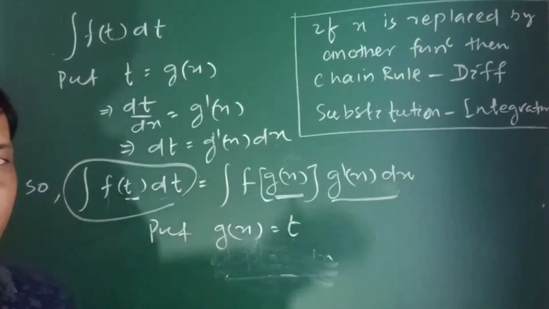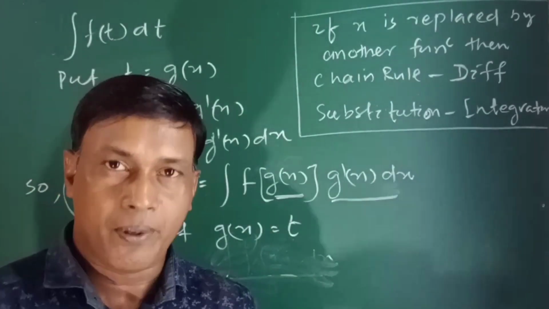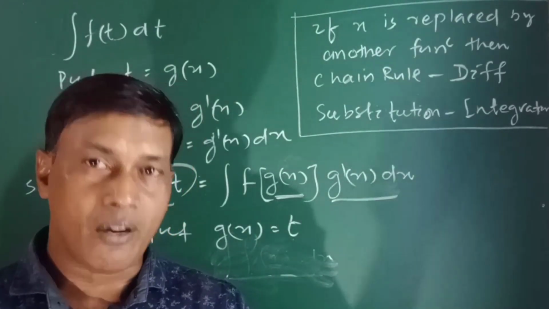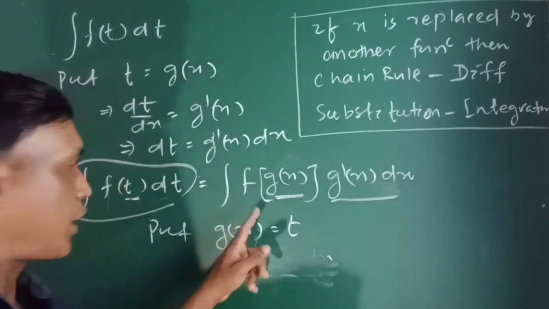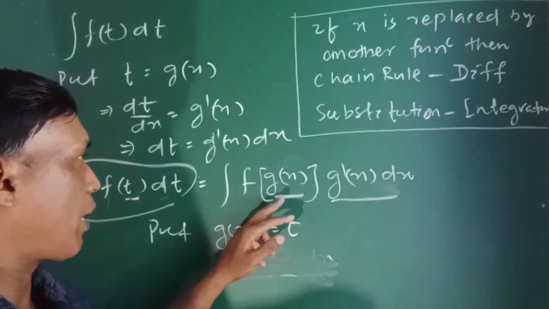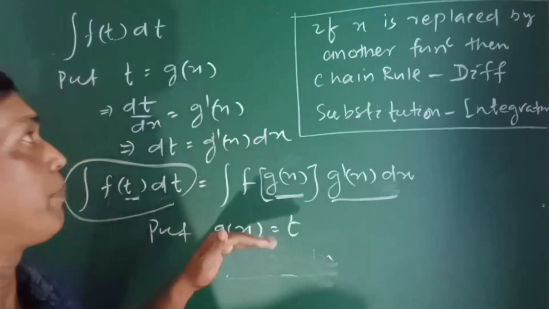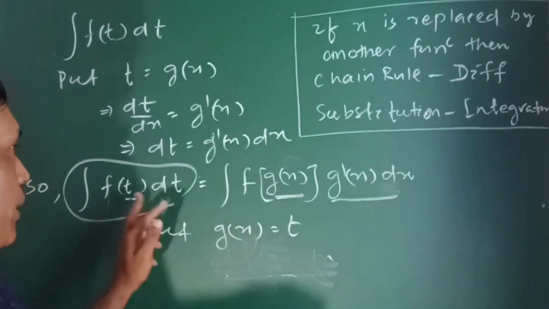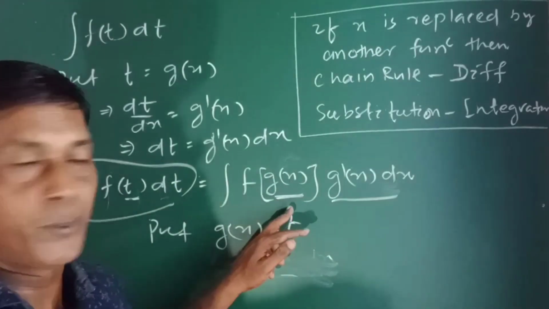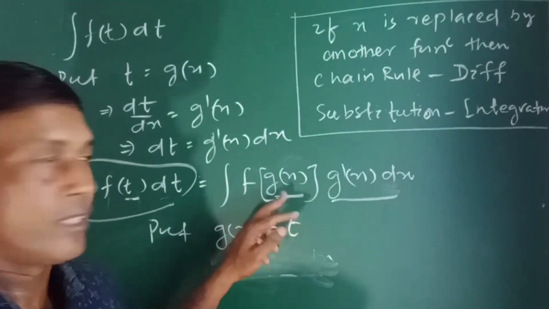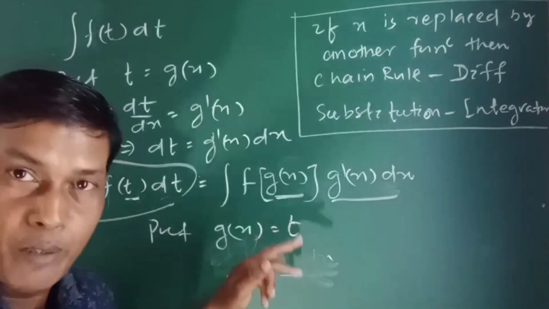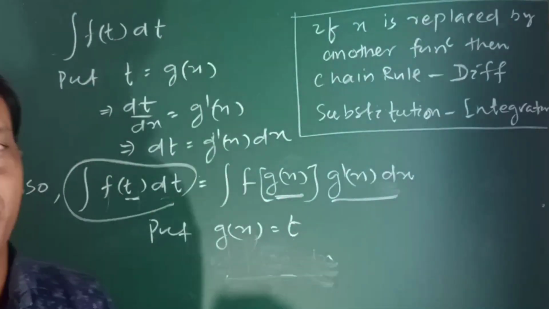So if x is replaced by another function, you apply substitution, meaning you put a variable in place of that function. As we are substituting a new variable, that's why it's called the method of substitution.